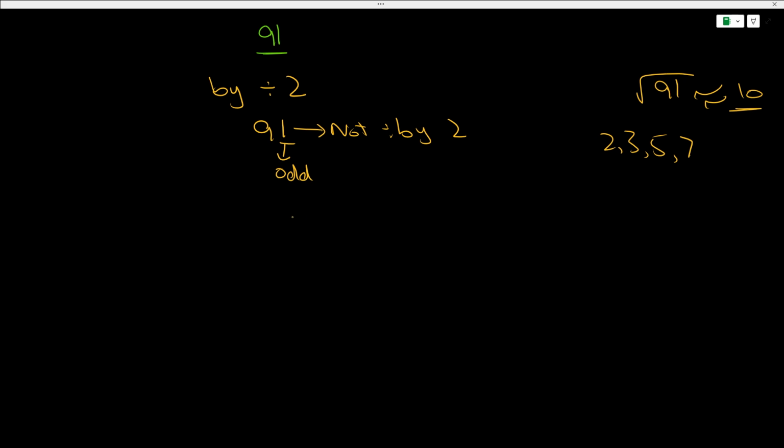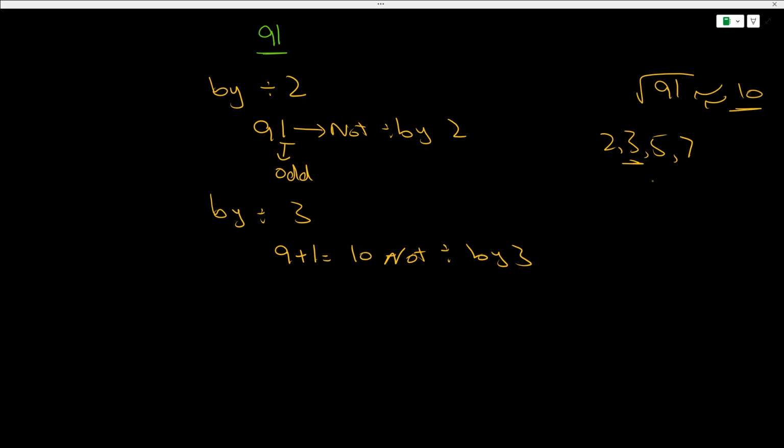Next check is by 3. In the list, 3 is the next number. We will add 9 and 1, that comes to 10. 10 cannot be divided by 3. So we say 91 cannot be divided by 3.